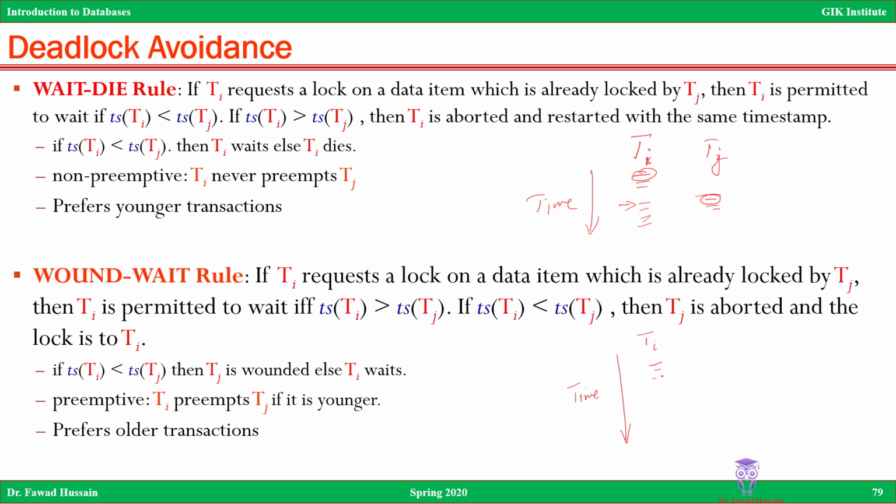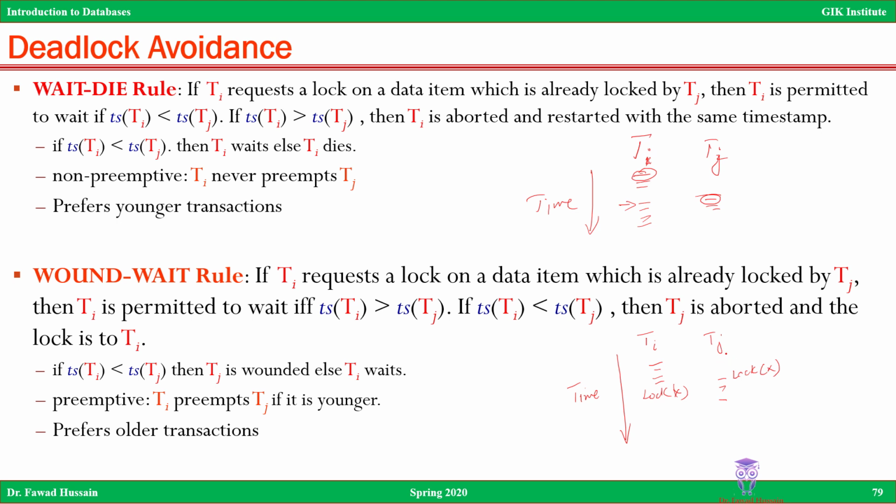If I have Ti over here and I have Tj over here, and Ti is permitted to wait, so at some point this required maybe a lock on x, but this lock was already provided to Tj.